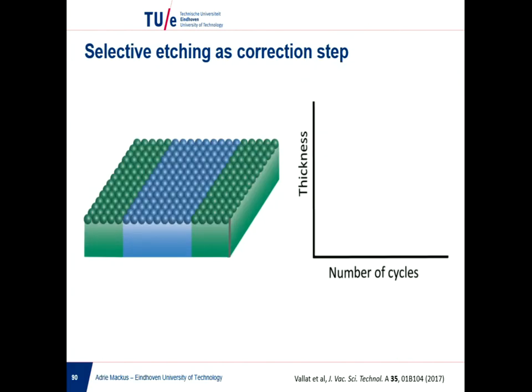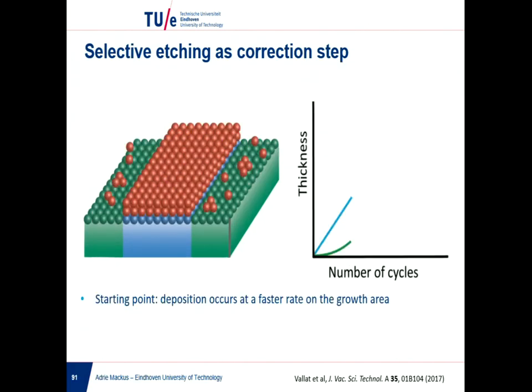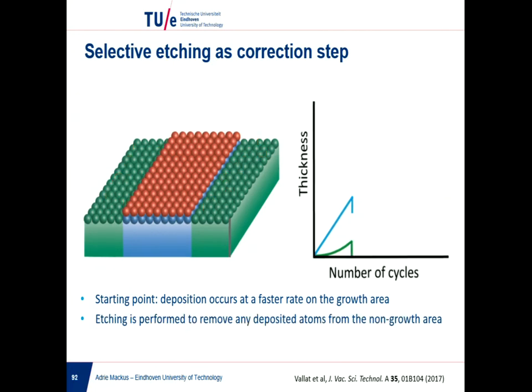So how does that work? The starting point is that we have some difference in growth or nucleation on the growth and the non-growth area. So maybe we have already layer by layer growth on this surface, but we may make some islands or individual atoms on the non-growth area. And then what we can do is, after a certain number of cycles, do an etching step.